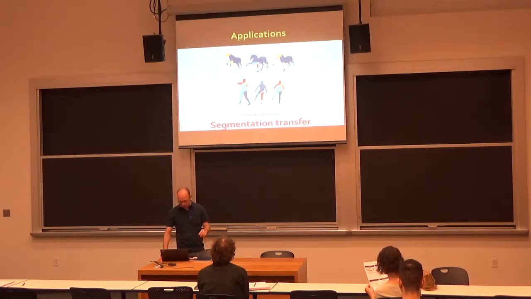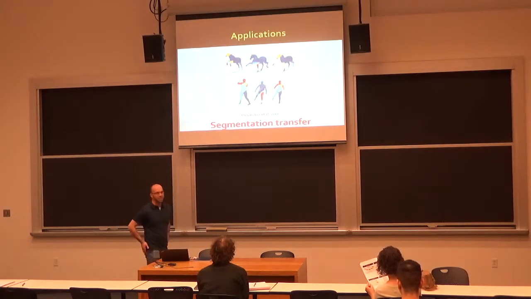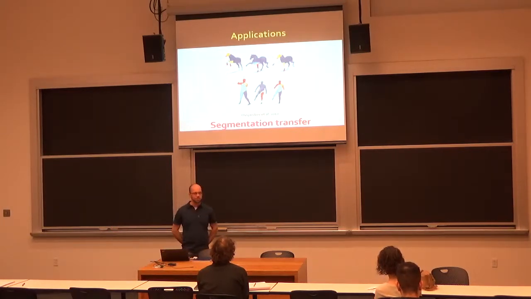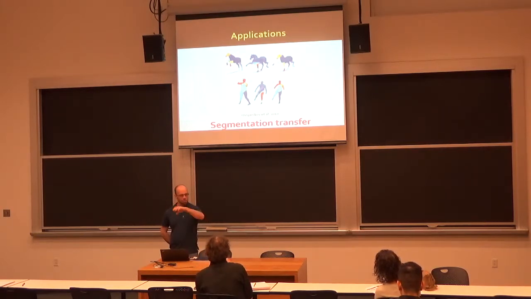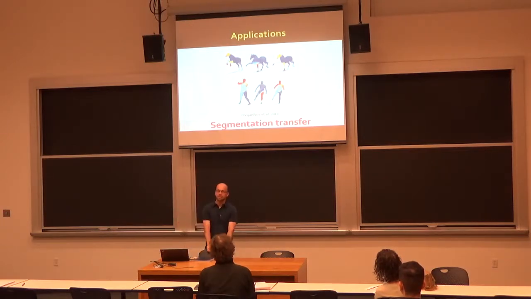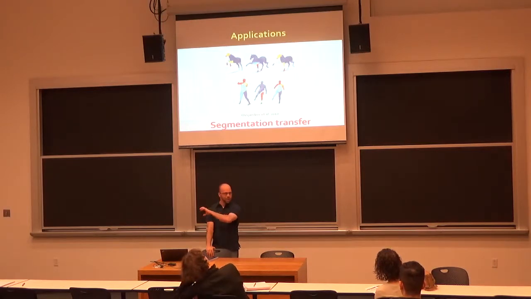In particular, segmentation transfer is actually kind of an interesting question. Remember, we talked about surface segmentation in kind of a vacuum: given one surface, come up with individual pieces that parcellate that surface into reasonable parts. But of course, oftentimes what you really want is some notion of consistent segmentation, like the same segments appear on the horse and the giraffe and whatever.